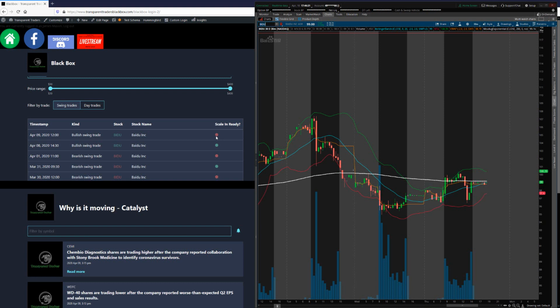Let's see what this does. Now, had you been in here on the initial alert when it rolled over from a category change from a bearish swing trade to a bullish swing trade, you'd have been sitting all right. And that's another thing that I would like to bring up.